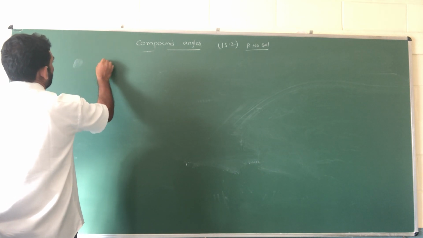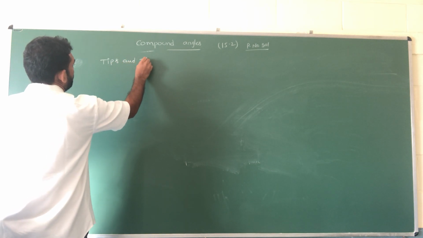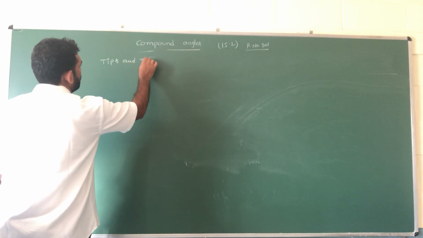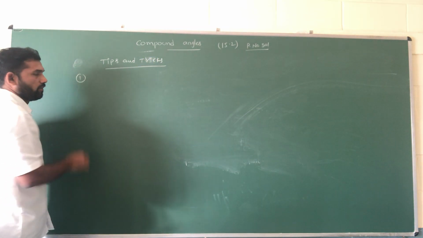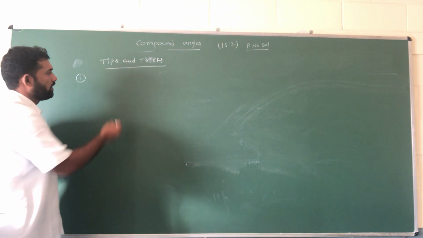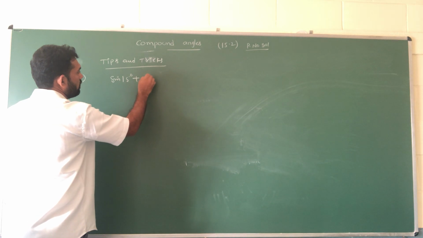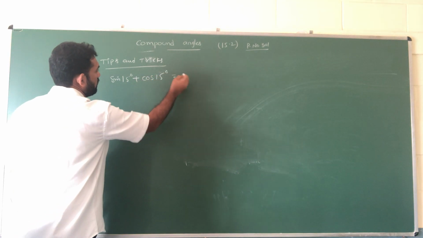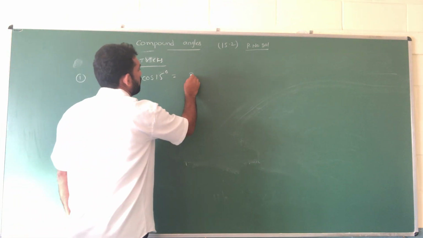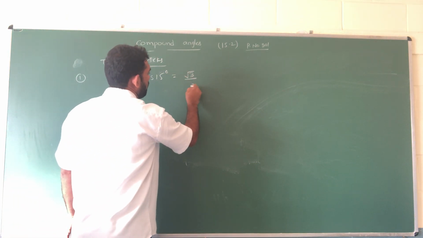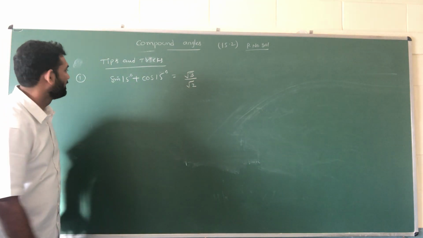Tips and tricks. First point: sin 15 degrees plus cos 15 degrees, simplified, we are getting root 3 divided by root 2.